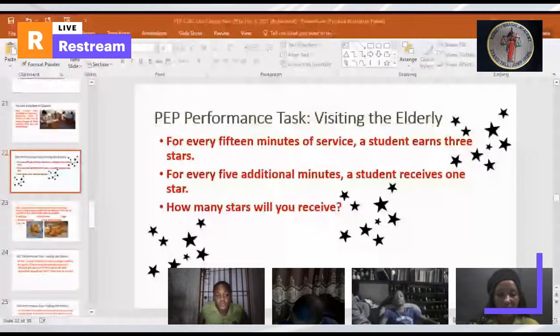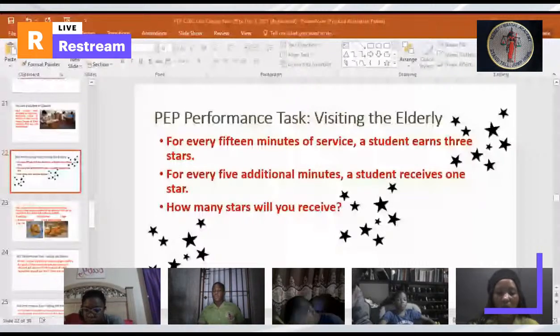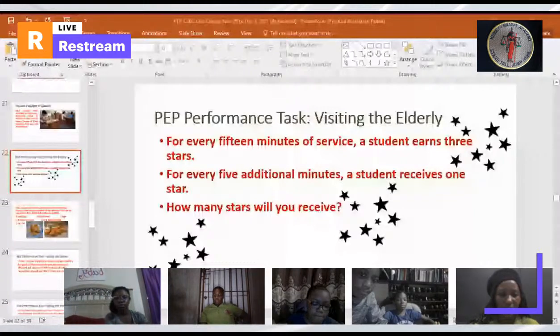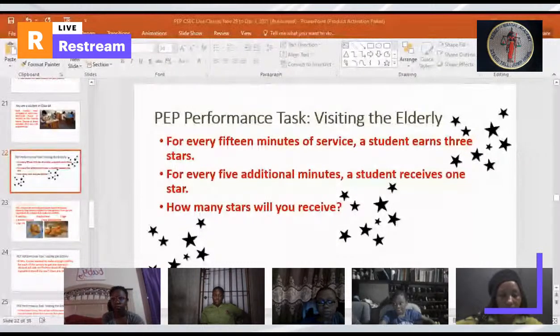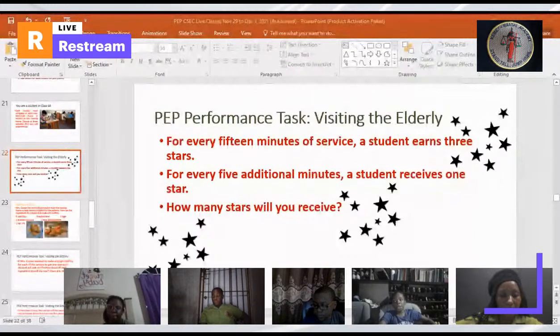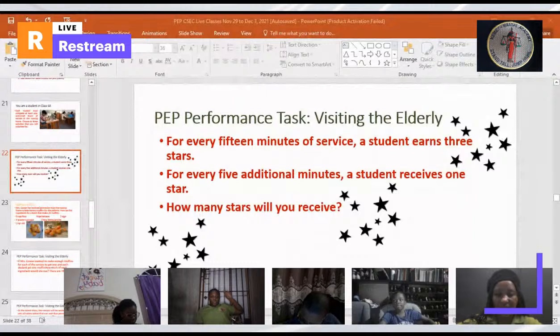Those who got 1 hour and 50 minutes, John and Jordan, and Legion Day got 1 hour and 15 minutes, how many stars would you have received? For every 15 minutes is 3 stars. So for Jer, he got 1.5 hours, 90 minutes, and 18 stars.